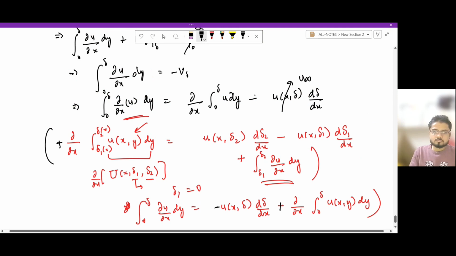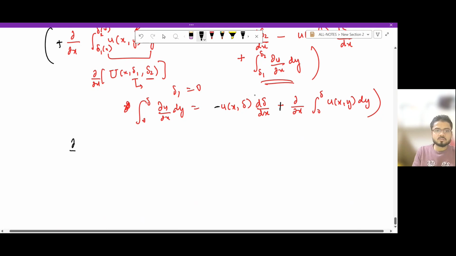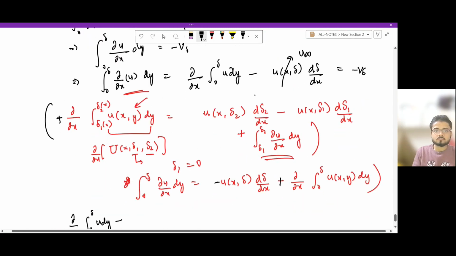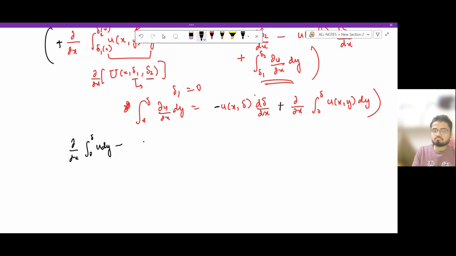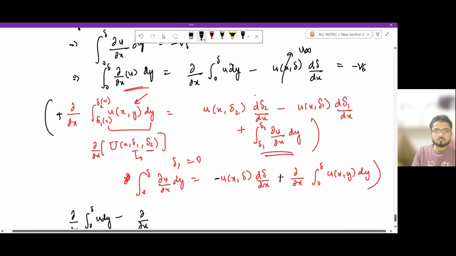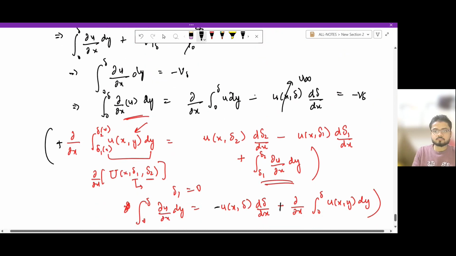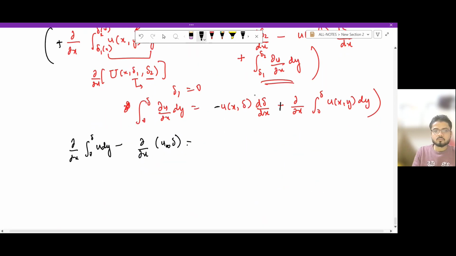What you get from here, and this is minus v delta, is del over del x times the integral 0 to delta of u dy, minus u infinity d delta over dx, would be equal to minus v delta.